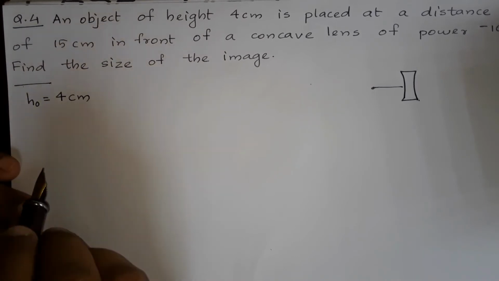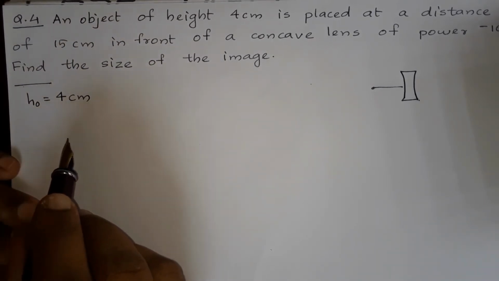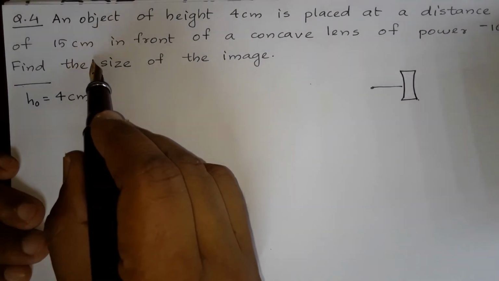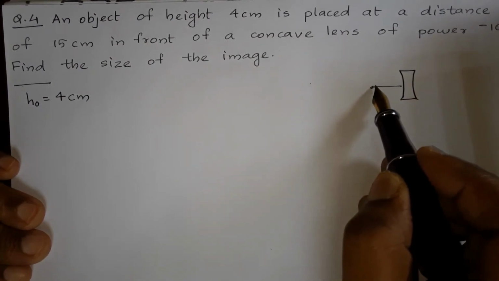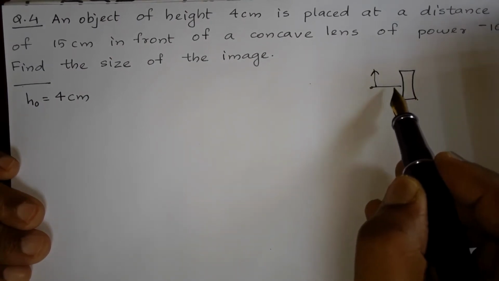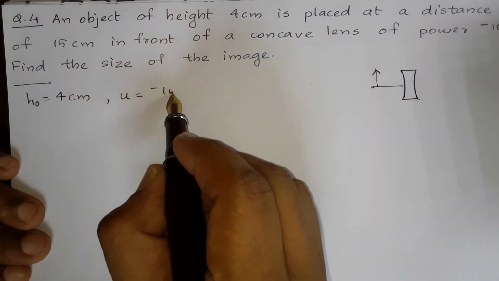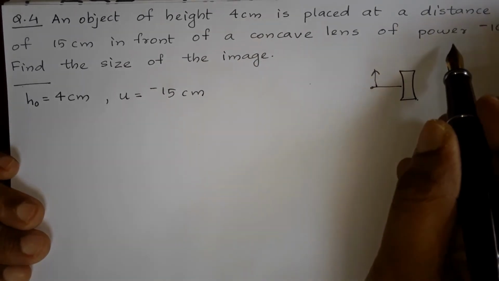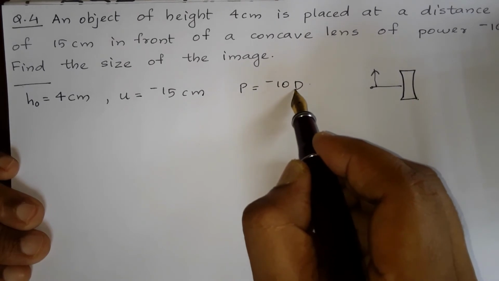HO means height of the object. It is 4 cm. And what is given? Placed at a distance of 15 cm in front of a concave lens. In front of a lens means U is negative. So U is minus 15 cm.